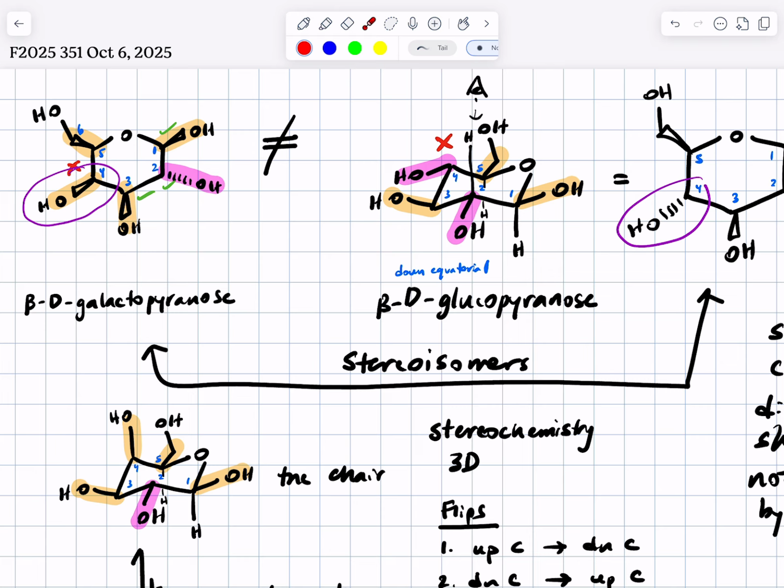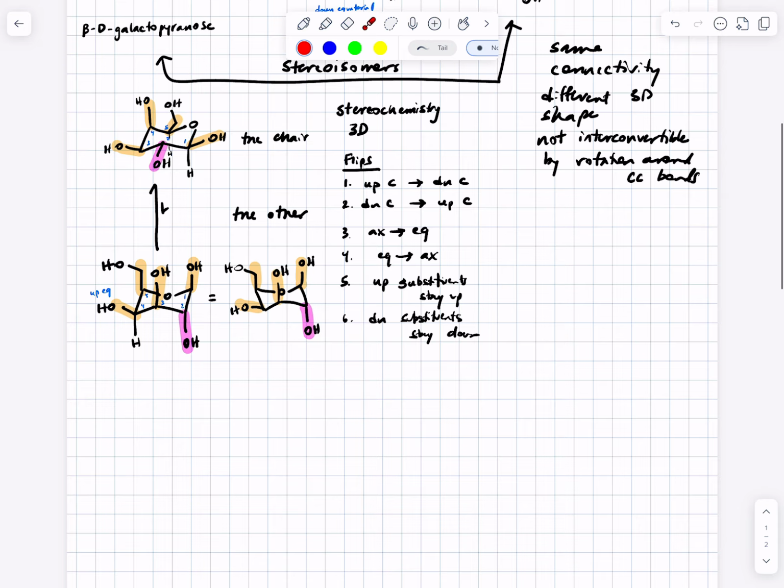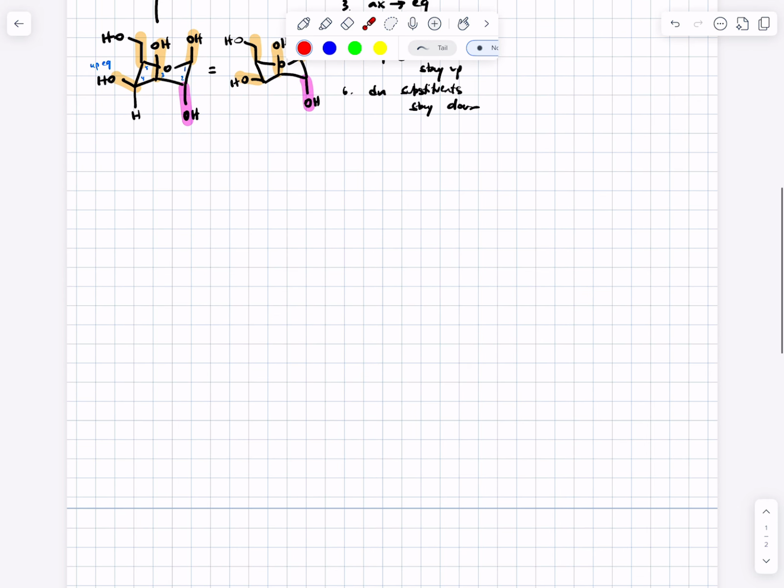So, stereochemistry is interesting because you already have experience with it in the world around you, but you may not realize it. Before we say anything more about that, you need to know that there are two and only two classes of stereoisomers.